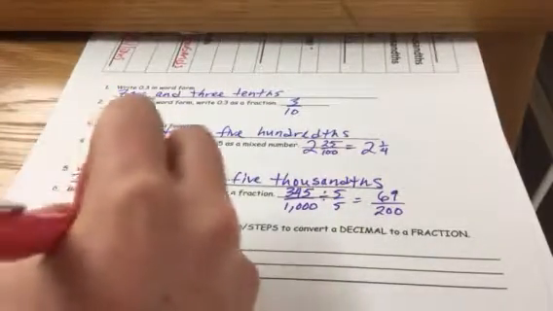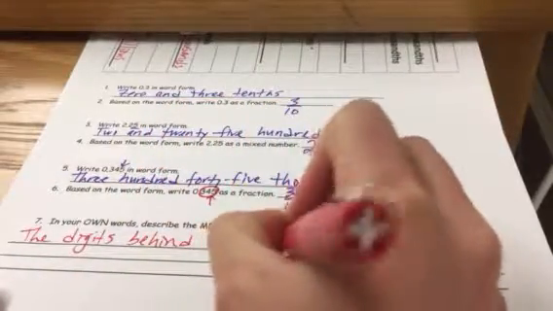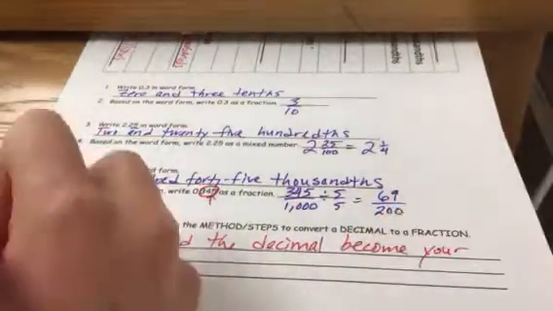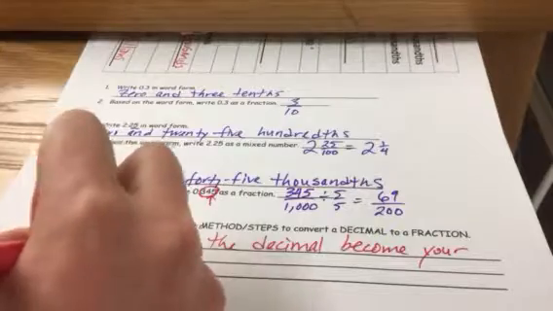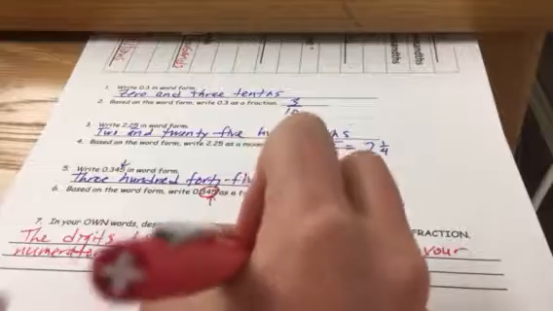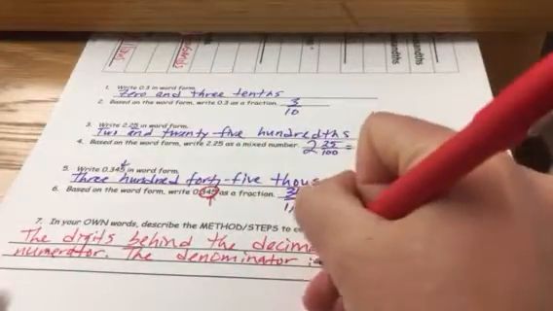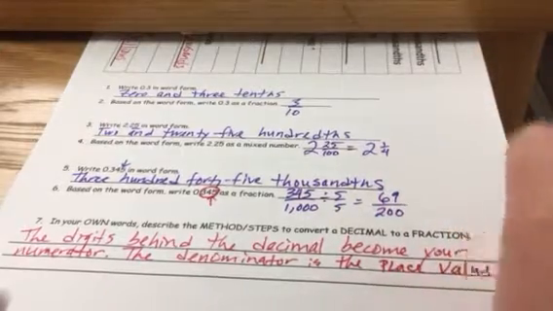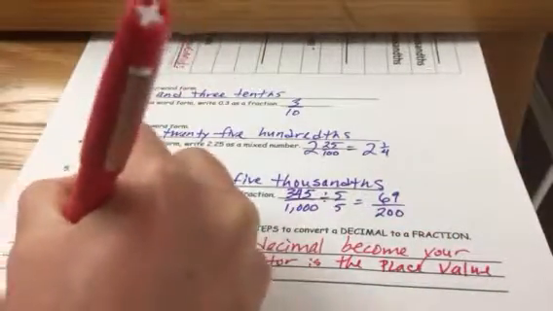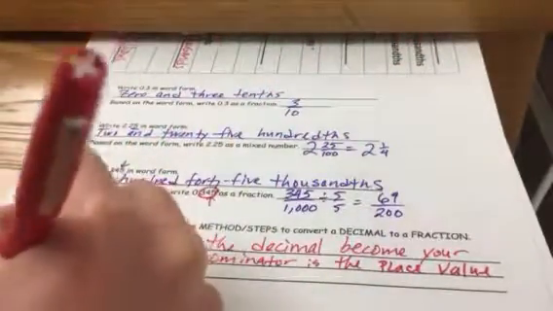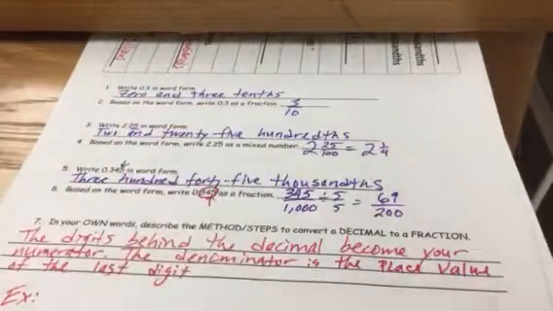The digits behind the decimal become your numerator. The denominator is the place value of the last digit.